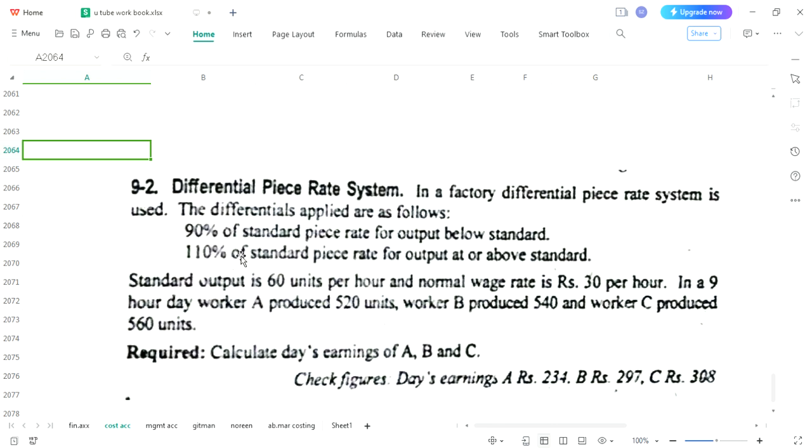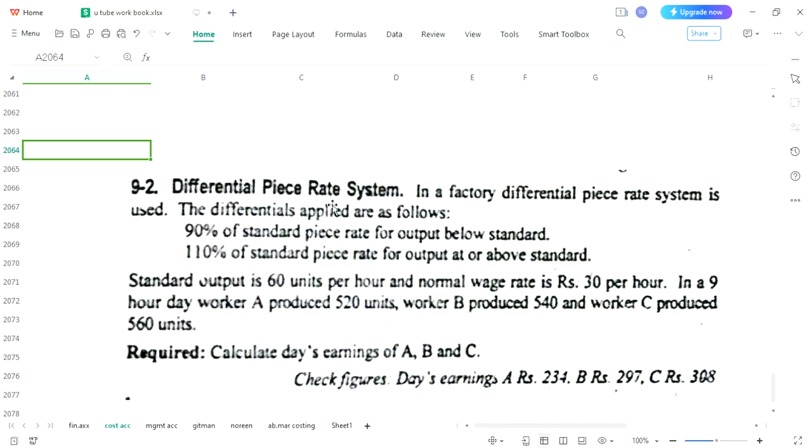If a person had produced more units than standard, we will appreciate financially and give 110% of standard wage. That means 10% extra would be paid to the person who made more units than standard, and 10% would be deducted for the worker who produced fewer units than standard. This is called differential rate system.